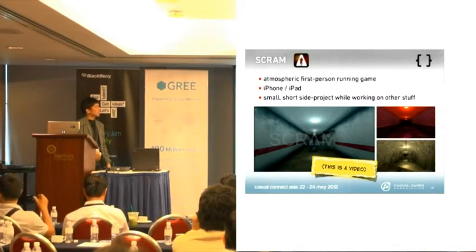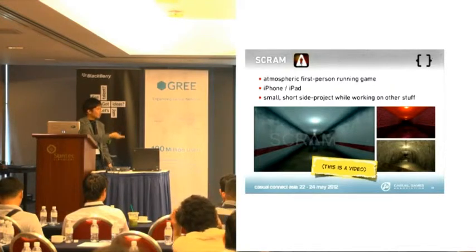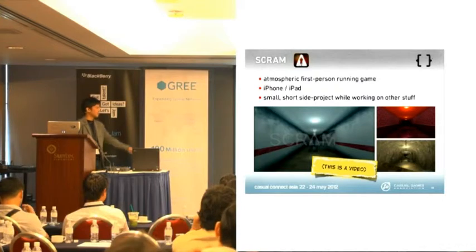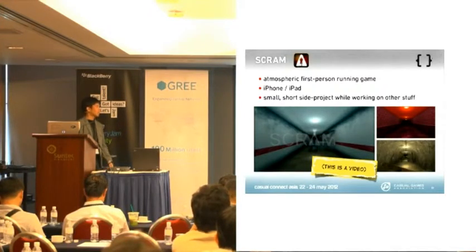The idea is that you're running after something, and as you hit obstacles, you stumble, you lose traction, and then you slow down. The lights get farther and farther away, and you fall farther and farther into the darkness, and something pulls you, but you can't really see it here. So yeah, that's Scram, and it's on the App Store.